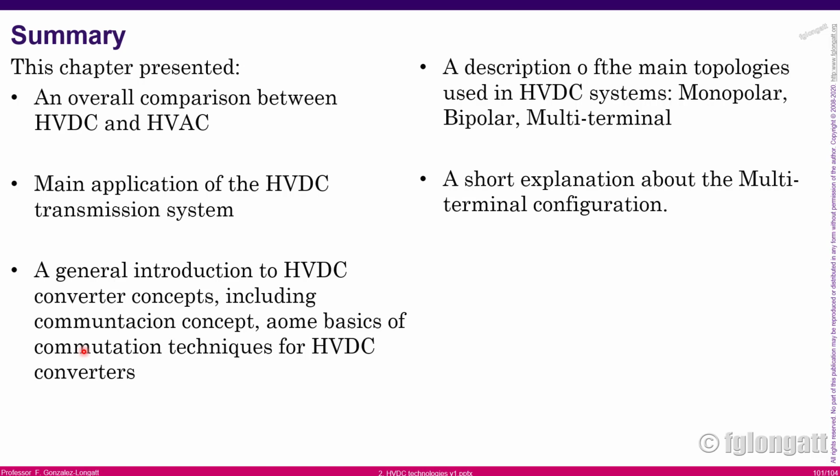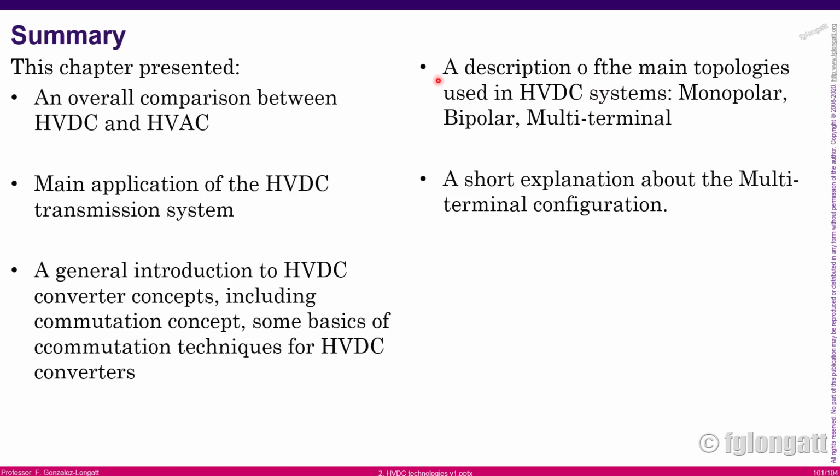I'm not an expert. It was a very light, basic explanation about converters, commutation concepts, some introduction about PWM, and also some basics about commutation techniques and the use of those converters.